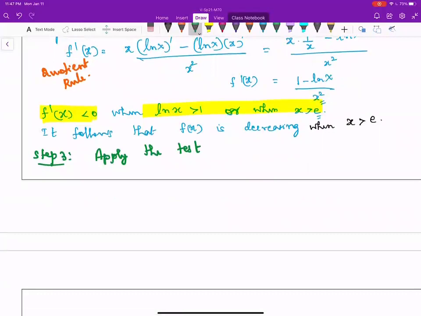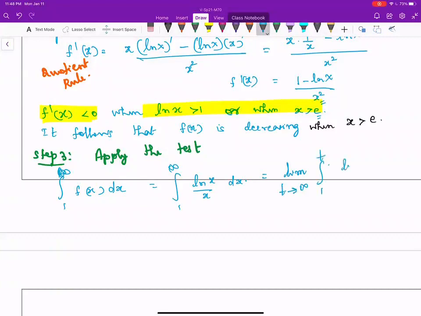We are going to evaluate the improper integral 1 through infinity f x dx. This integral 1 through infinity ln of x over x dx. If you write it in terms of the improper integral method, it is limit as t approaching infinity, integral 1 to t, ln of x over x dx.